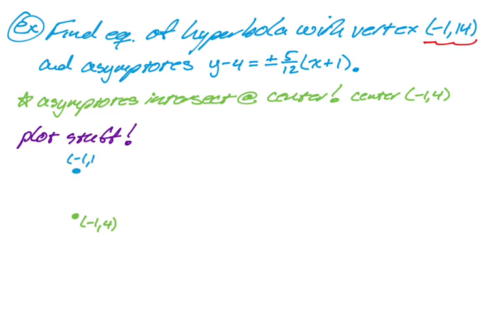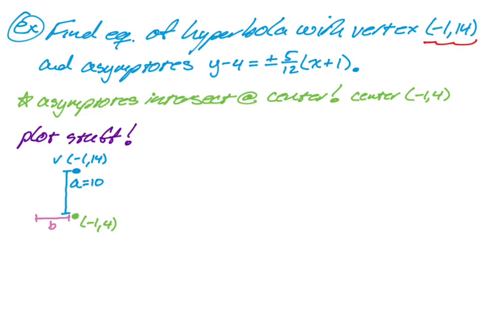I'm not going to bother with the x and y axes because they don't really matter in this context, but you could put them in if you want. From this, I can see that the distance between them is 10, and that is a, because the distance from the center to a vertex is a. Which means a is vertical, so b must be horizontal. I don't actually know what b is, but I do know that it's horizontal.